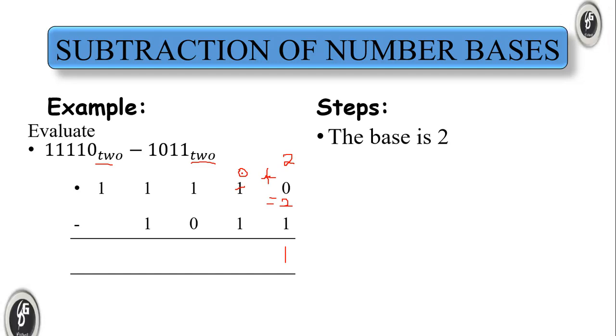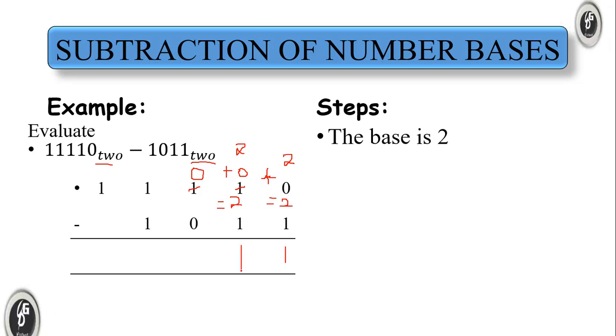So here I'm left with 0. 0 minus 1 is still impossible. So I have to come to this next one again and borrow 1 of the base out of 1 lot. I borrow 1, I'm left with 0 here. So I'm going to have 2 again plus 0, and this will give me 2.